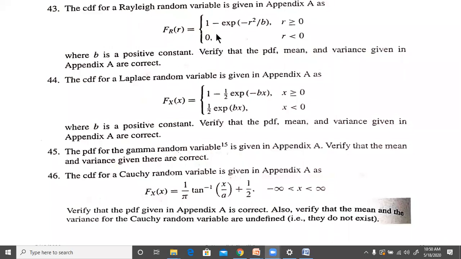So these are just different problems which are given over here, and we can try to solve all these in the same way, right? And see whether whatever is given in the appendix A is correct or not for the Rayleigh random variable.